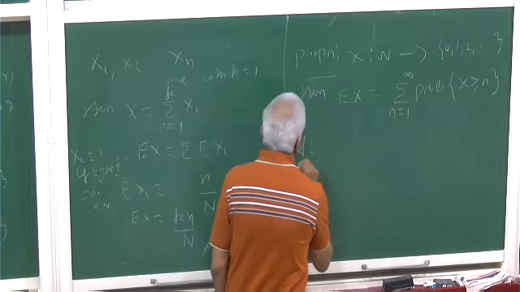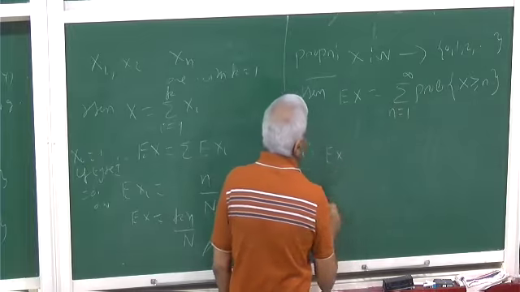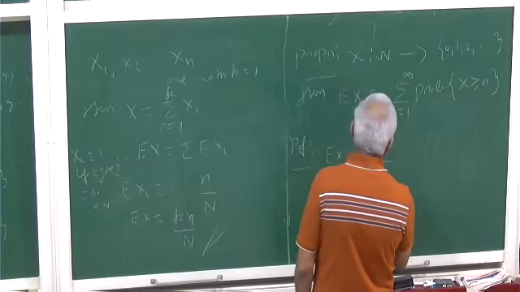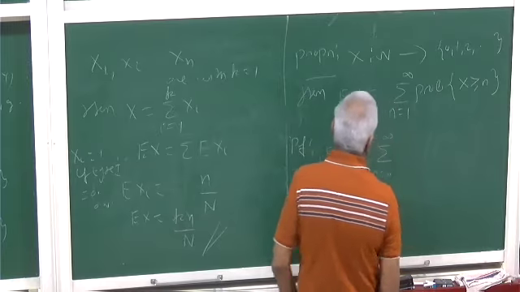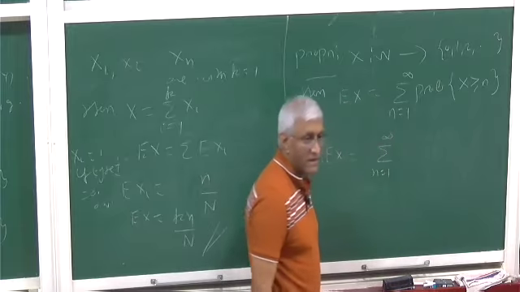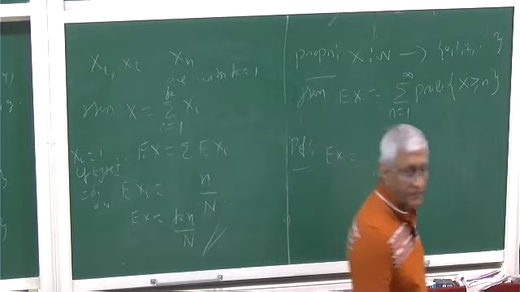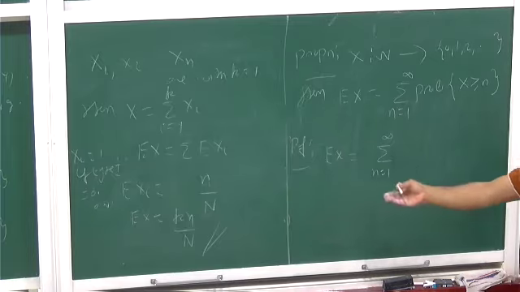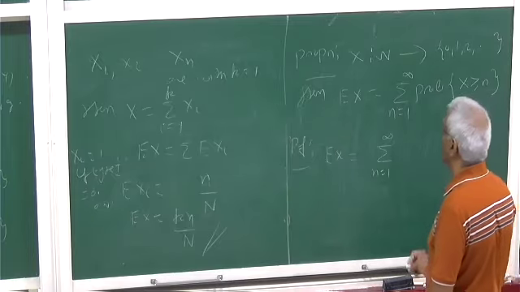Proof. The expectation of X is equal to the summation over n equal to 0 to infinity of n times the probability of X equal to n. But at n equal to 0, when you multiply by 0, it's going to be 0, so n goes from 1 to infinity.